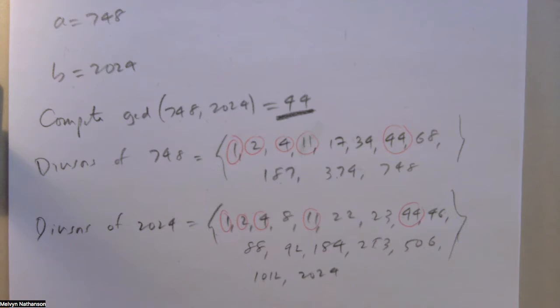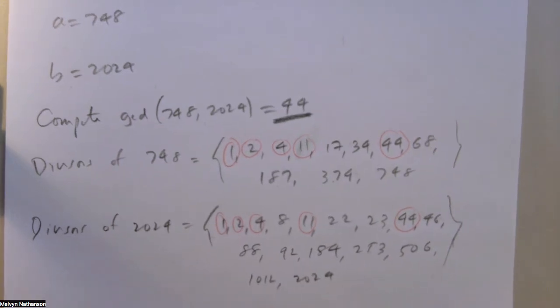Now, in number theory, it's very important to be able to calculate the greatest common divisor of two integers. And it's extremely important in cryptography, as we will see. And it turns out this has been considered an interesting and important problem for thousands of years.